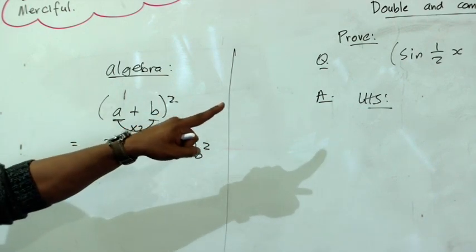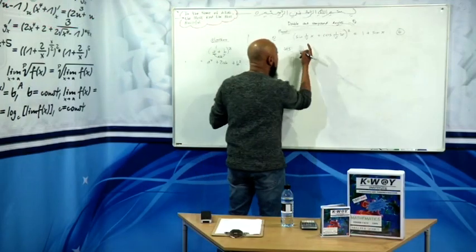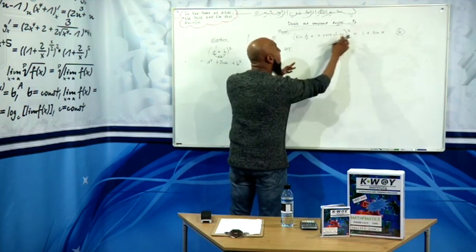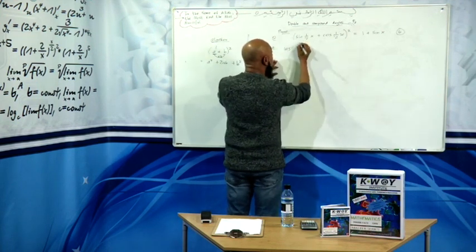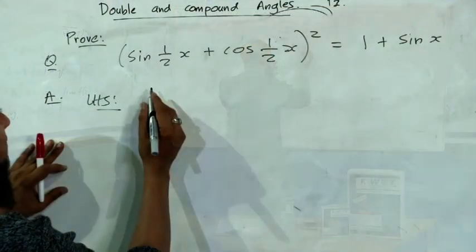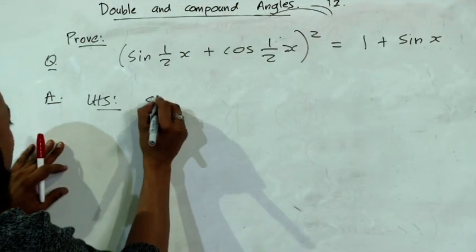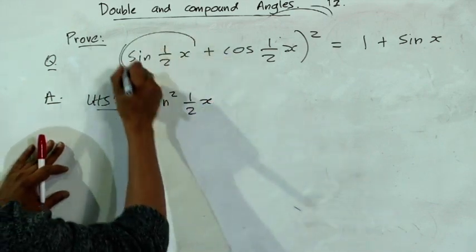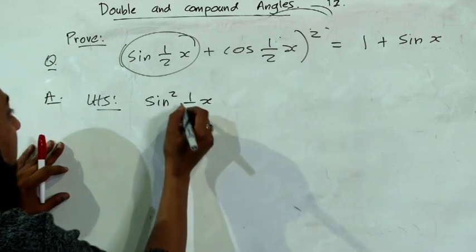We're going to be doing the same on the left-hand side of the equation. So now, square the first term. We're going to get sine squared half x.